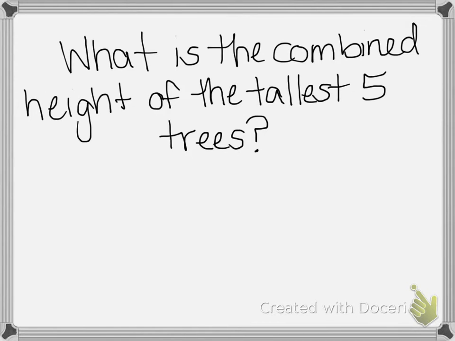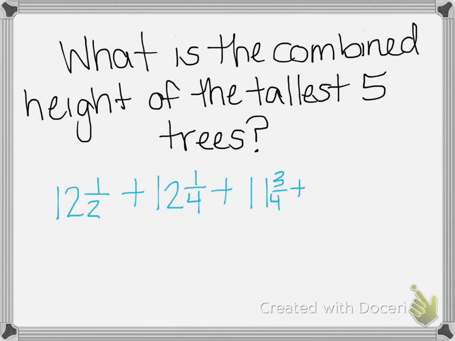The next question says, what is the combined height of the 5 tallest trees? So the tallest tree is 12 and a half feet plus 12 and 1/4 feet plus 11 and 3/4 plus 11 and a half plus 10 and a half.